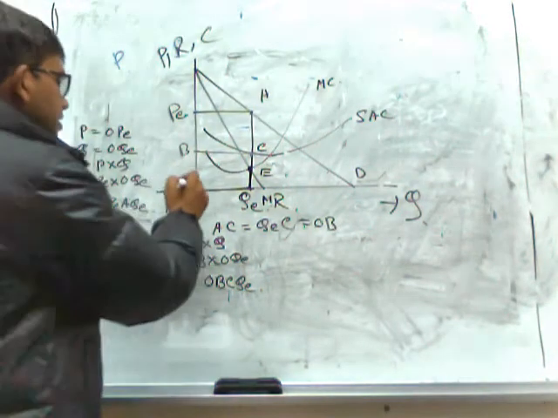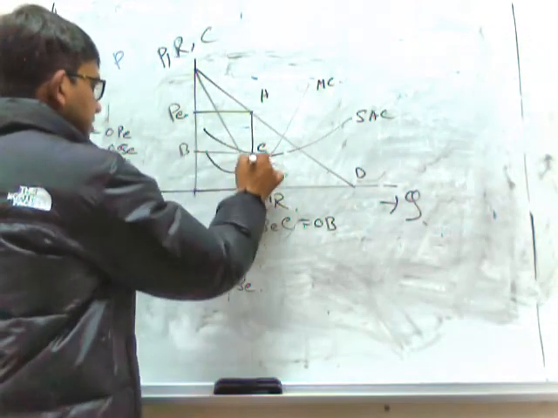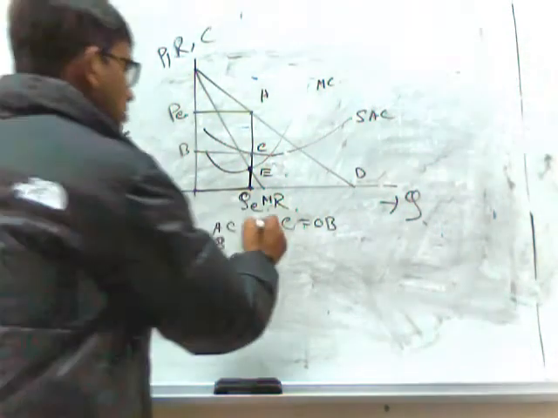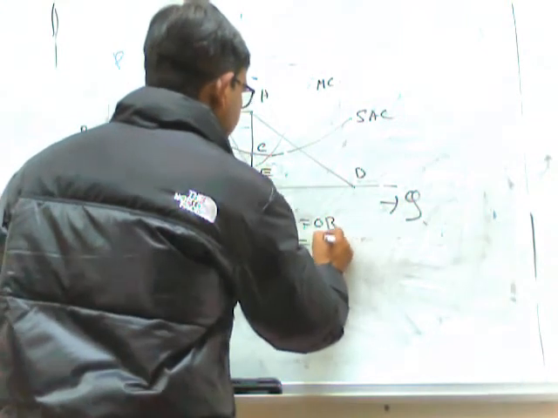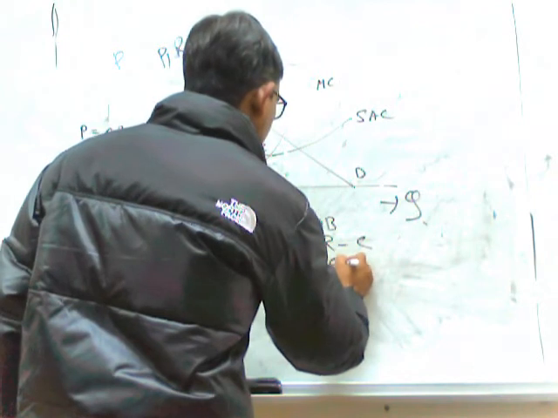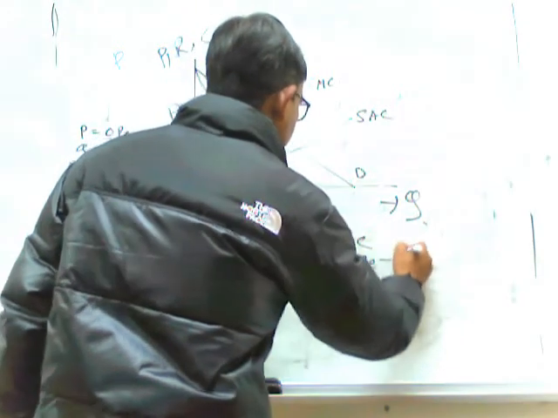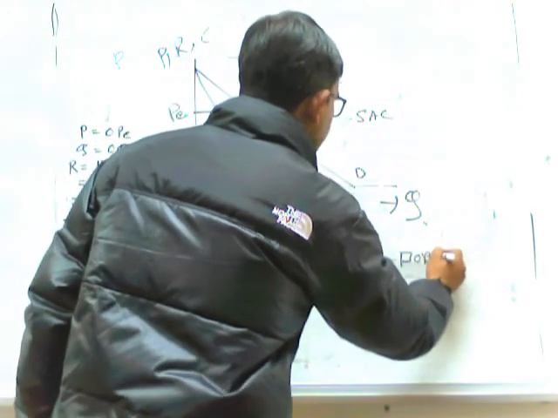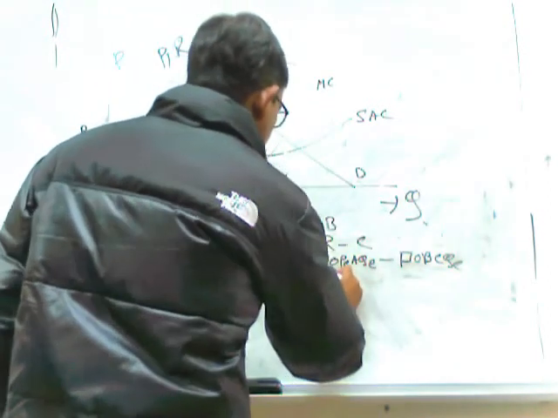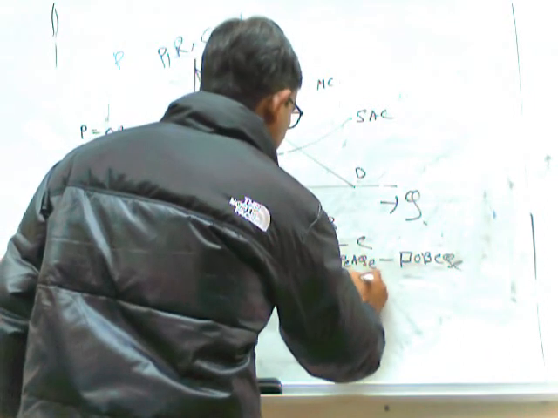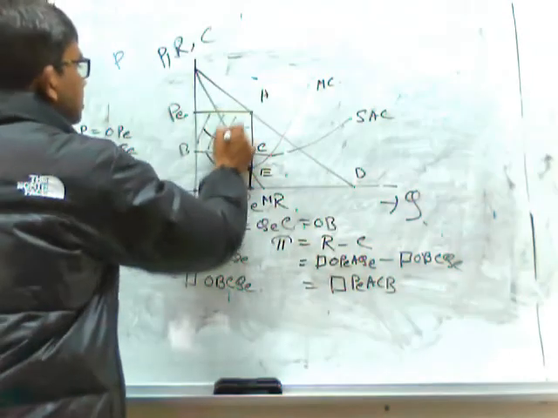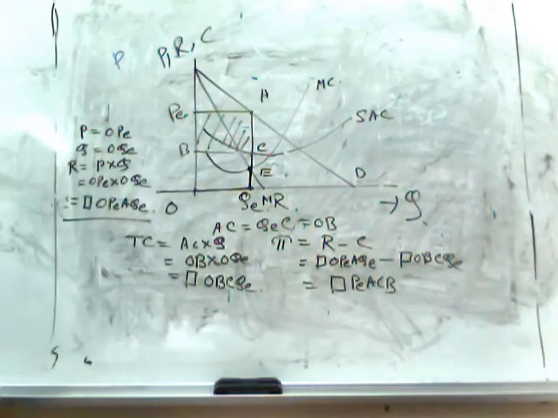The area of the rectangle OBCQE represents the cost. So profit will be the difference between revenue and cost, that is, the area of the rectangle OPAQE minus the area of the rectangle OBCQE. It will be represented by the area of the rectangle PACB. So this is the supernormal profit earned by the monopolist.